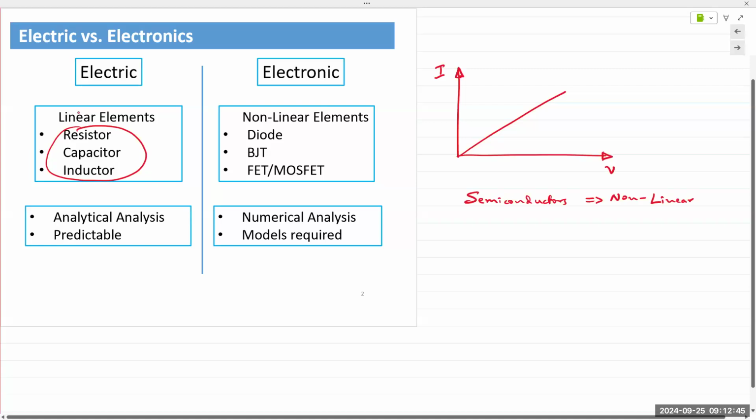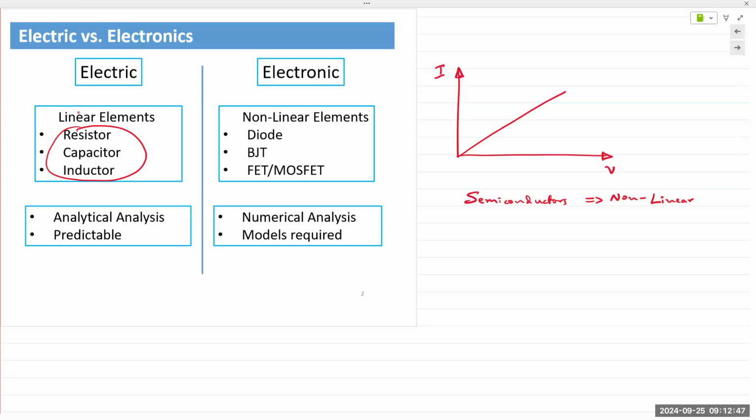So the voltage and current relationship for a diode, for example, you increase the voltage, the current is not going to increase in the same amount, the same proportion. And we will see that when we get to chapter 2, PN junctions. Okay, so that's the first big difference, linear versus nonlinear.